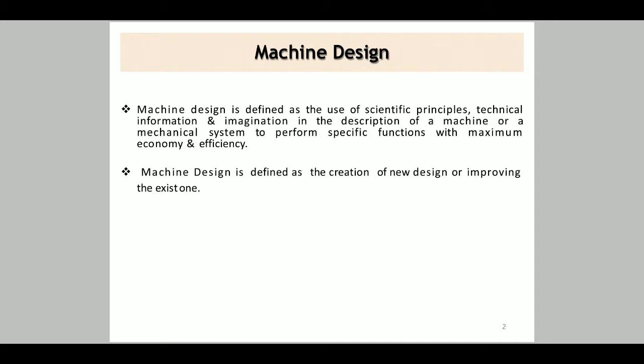In other words, machine design is defined as creation of a new design, or improving an existing design. So basically, in machine design, we are going to design a particular machine or system whose function is with maximum economy and maximum efficiency.